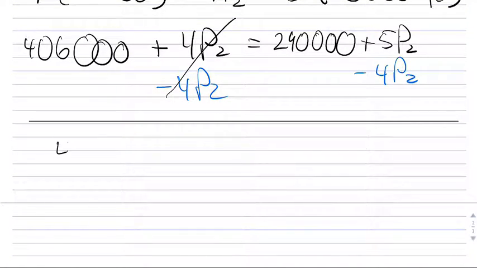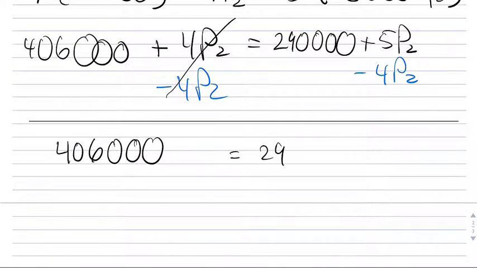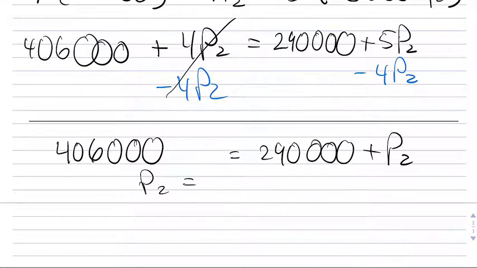And then we have the 406,123 equals the 290,123, and that becomes plus P2. So then I'll subtract the 290 and we'll get the amount in the second account.